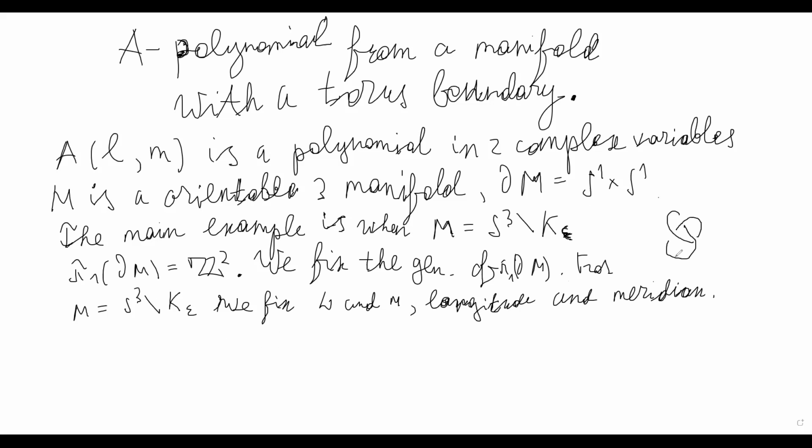If you look at a knot, close at a knot, it is just some neighborhood. It is just an interval. And our solid torus is like this.